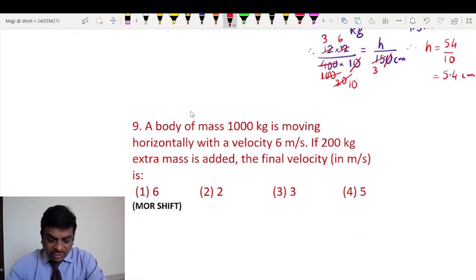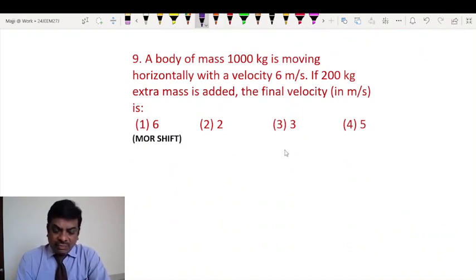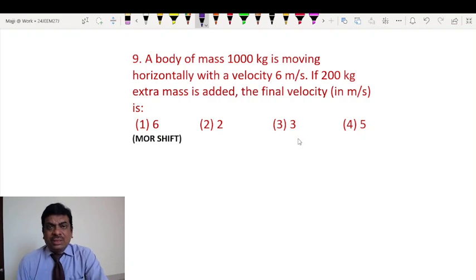Moving to the next question, students. Question number 9. A body of mass 1000 kg is moving horizontally with a velocity of this much. If 200 kg extra mass is added, the final velocity will be. This question is based simply on the principle of conservation of linear momentum.